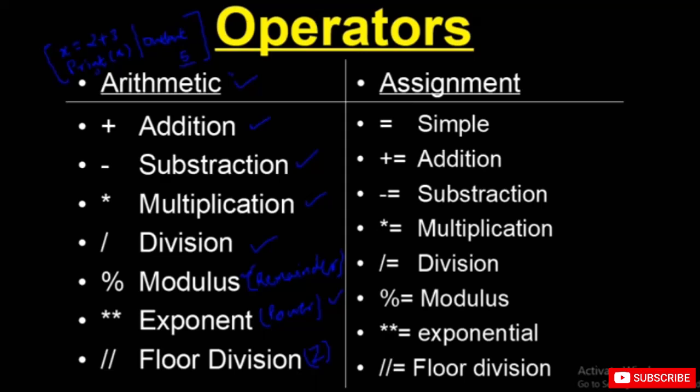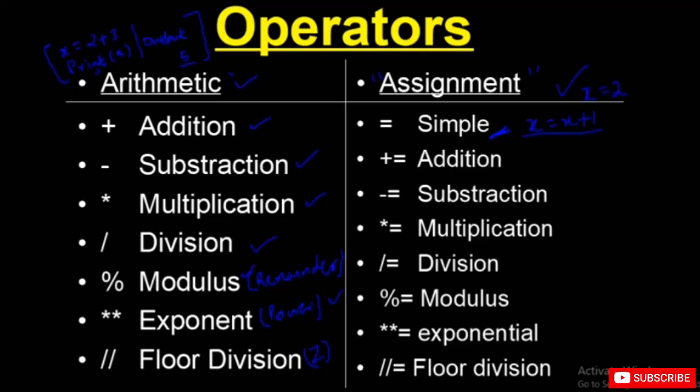So what is the assignment operator? Well, it's simply assigning things, like we are assigning x is equal to x plus 1, and we have already initialized x is equal to 2.